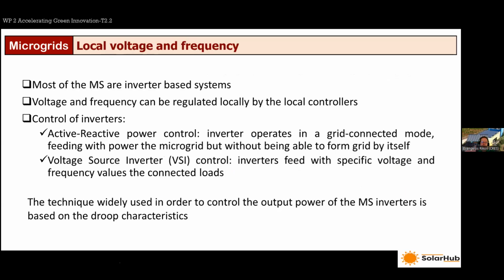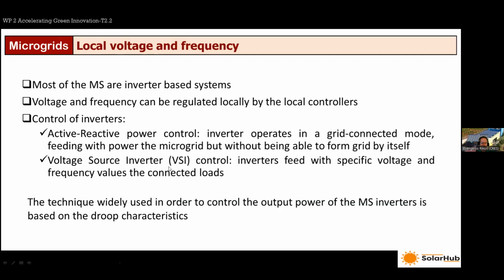Concerning voltage and frequency control at local level, because we talked about photovoltaic inverters earlier, we saw that they are equipped with various types of functionalities. One of those, when they are used in microgrid, is this local voltage and frequency control. And this is done by using active and reactive power control in the case of inverters that operate in grid connected mode.